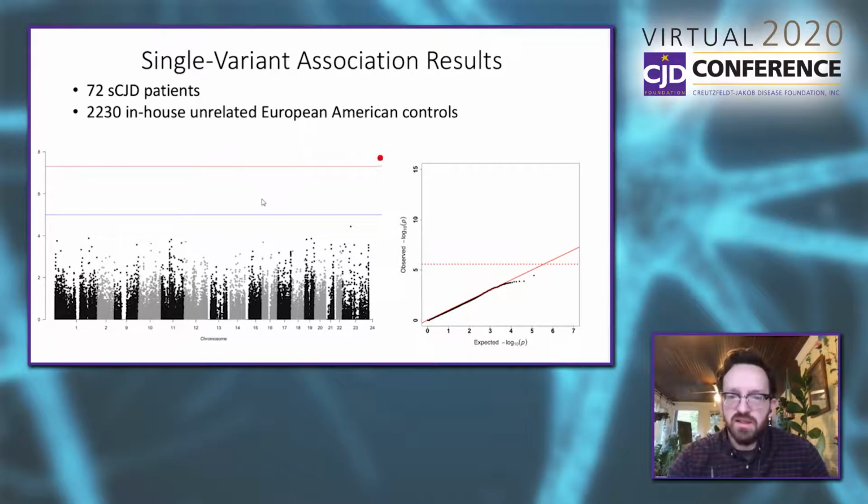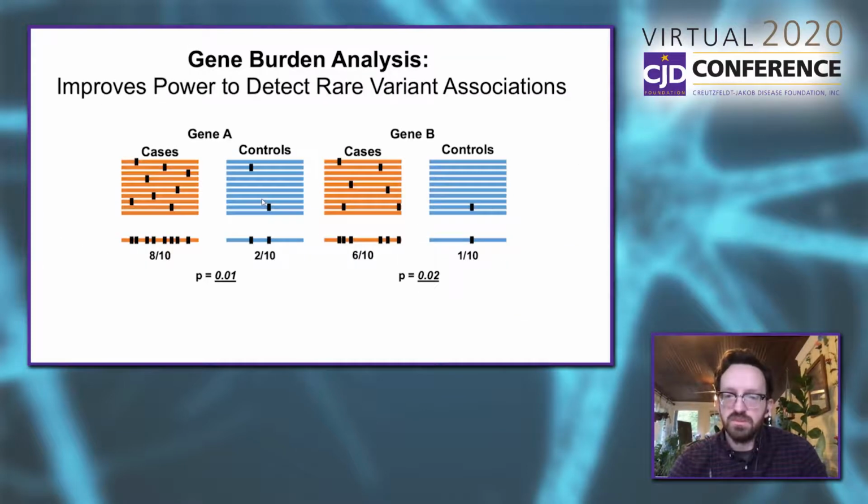And the red line is genome-wide significance, so 10 to the minus 8, which is 0.05, a nominal p-value, divided by the number of variants that you've tested. And so that's generally around 10 to the minus 8. And unfortunately, we see no SNPs associated at that level at this point. But we are, as Brooke said, sequencing another 325 sporadic CJD patients, and so hopefully we'll have more power in the near future.